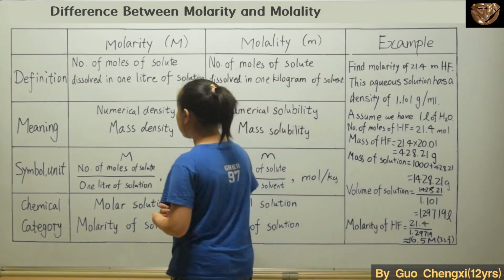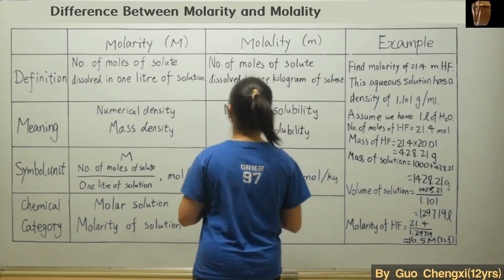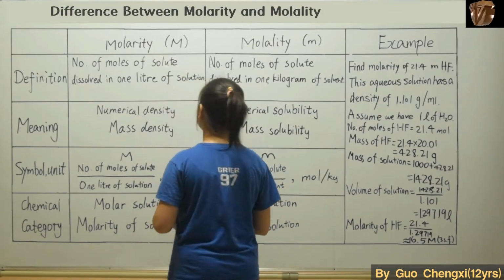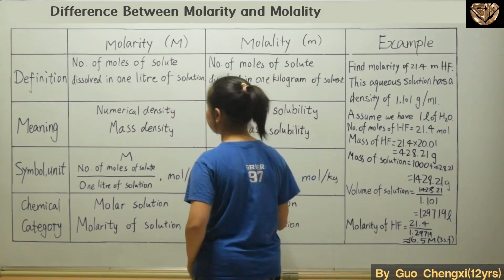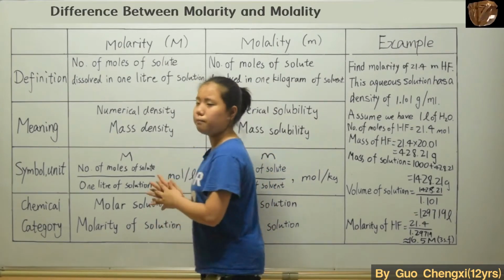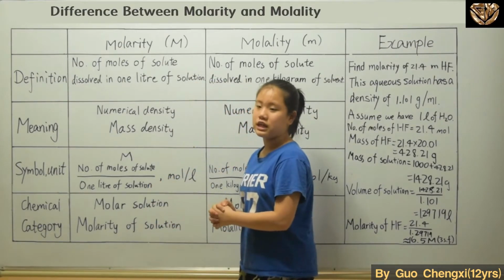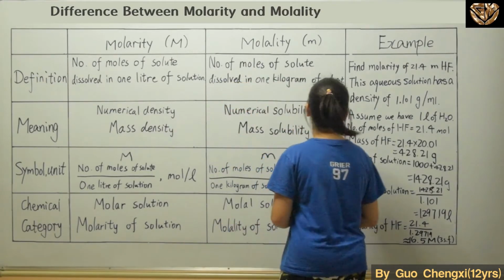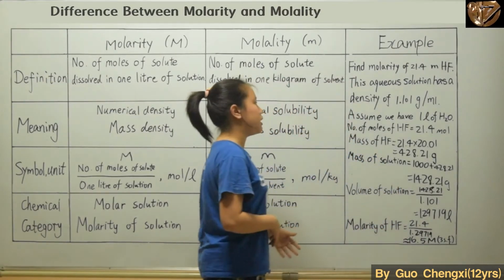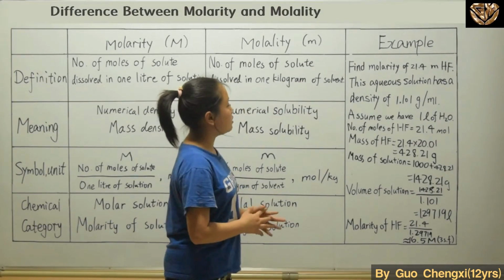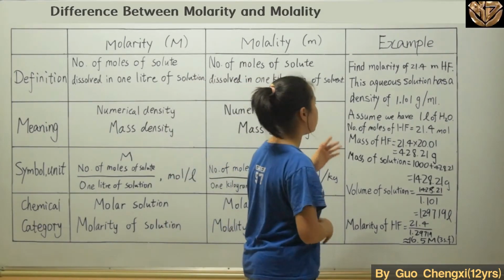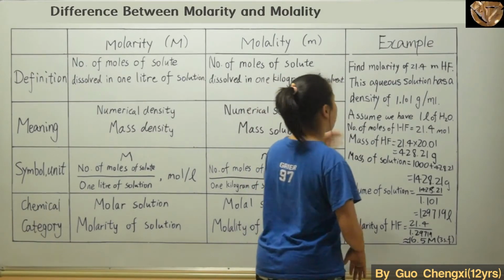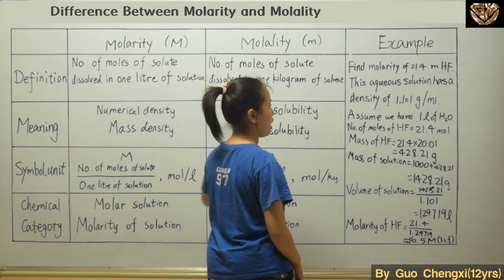You may be wondering, how am I supposed to specify what is a solution? Well, a solution is basically a mixture, it's just that it is homogeneous. We also had an example at that time, where we had to find the molarity for a certain amount of hydrogen fluoride.